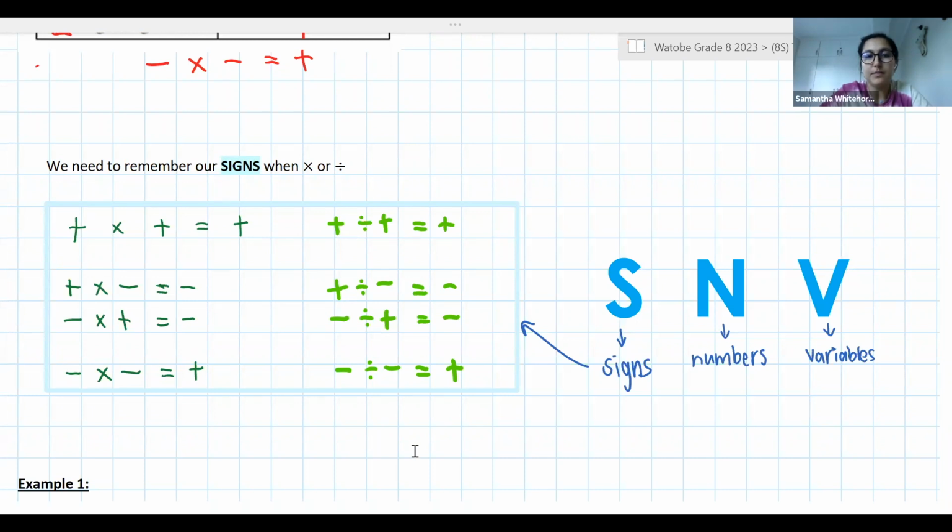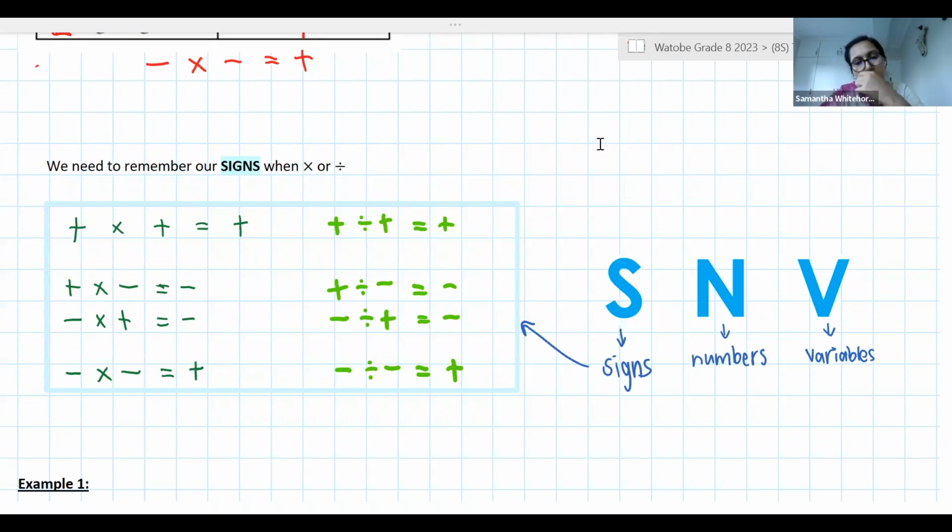All right, Tato? Ma'am, does this method with the same signs, the same will be a positive?